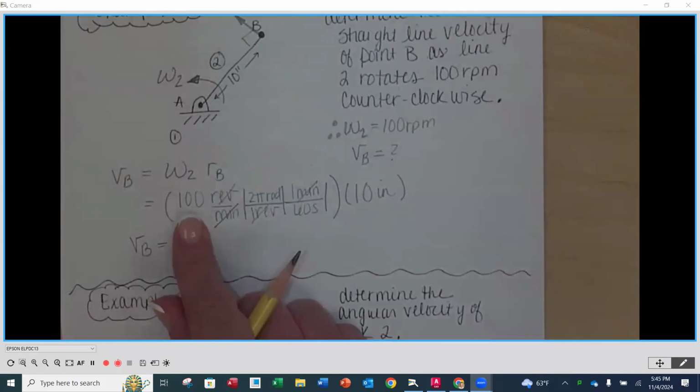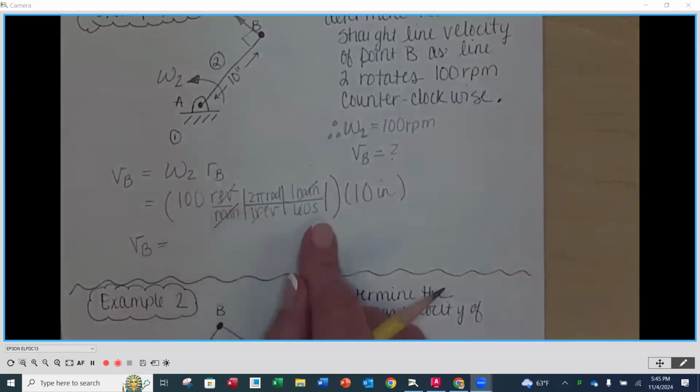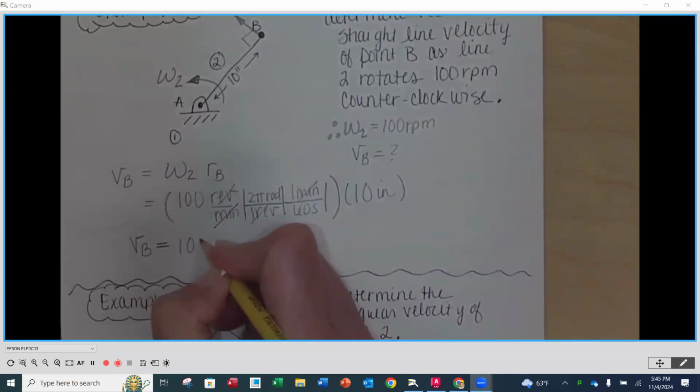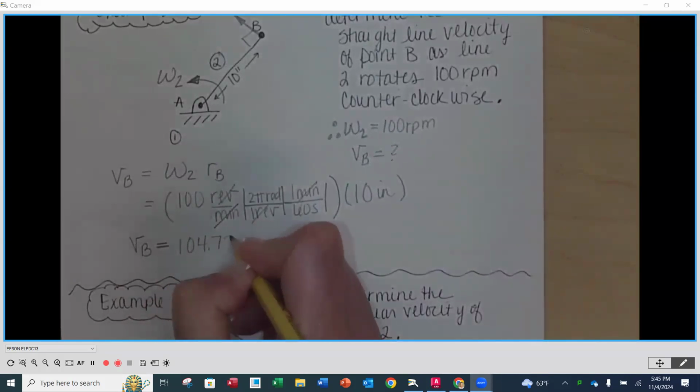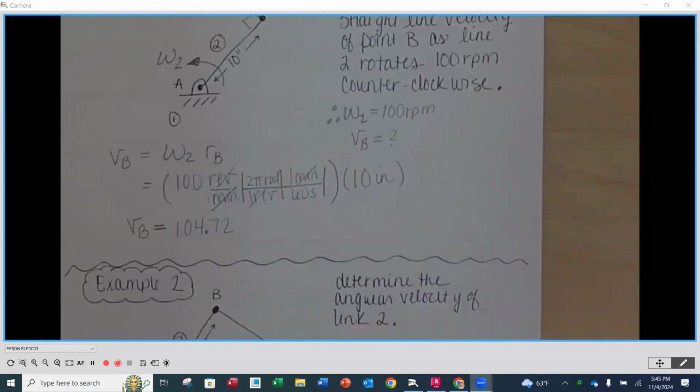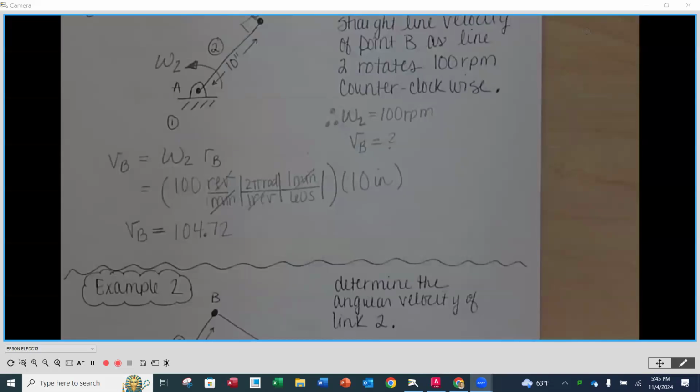I'll take 100 times 2 times pi divided by 60 and then multiply that by 10. What do we get for our number? 104.72. Is that what you got? Anybody else get 104.72? Okay, I got 2 people.